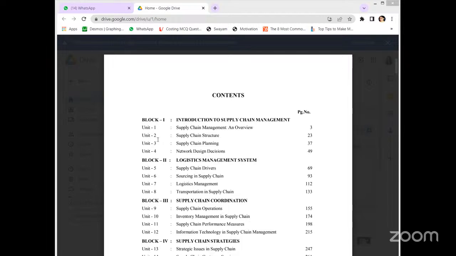The last unit in this block is transportation in supply chain. Transportation relates to the distribution network: how the distribution network is planned, and how goods move from the origin through the different channels involved, and how effectively transportation improves the supply chain.